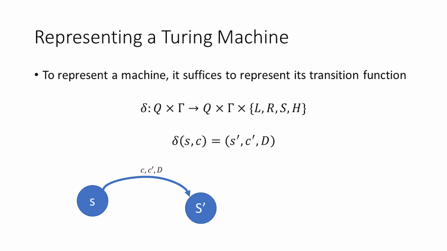And we know that all finite functions can be represented by NAND circuits. And we also know how to represent NAND circuits as sequences of bits. So we definitely know that any Turing machine we can represent as a string because we know how to represent its transition function as a string.